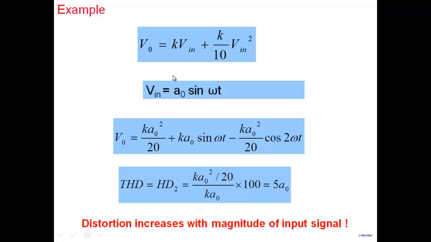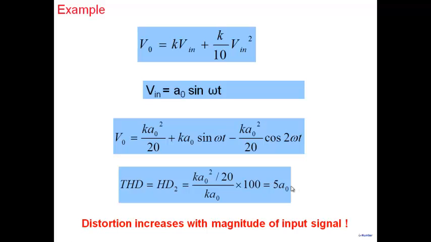An important point to notice here is that the distortion depends on A0, the amplitude of the input. I'm showing this only through a specific example, but it is in general true that as you increase the amplitude, the distortion increases in your circuit. Remember, if you want to hear something very loud on a speaker, what will you do?